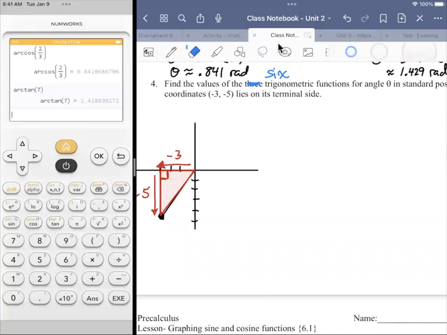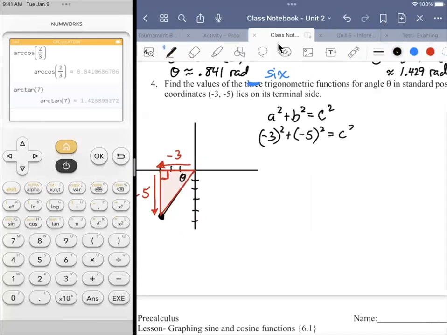All right. So I'm going to use my Pythagorean theorem to figure out the missing side. The reference angle theta is going to be right here. We'll get to that in a minute. So we're saying -3 squared plus -5 squared is equal to c squared.